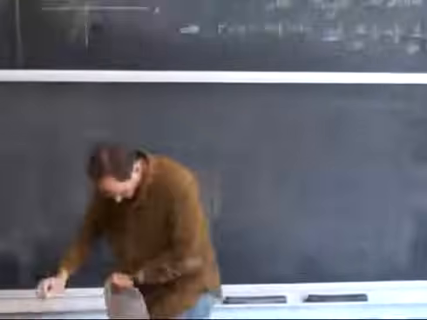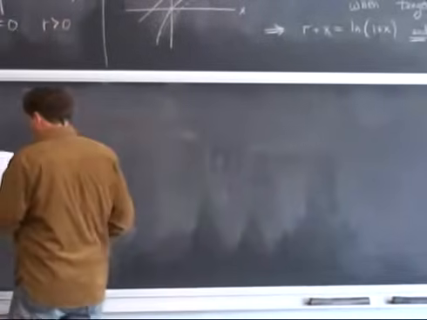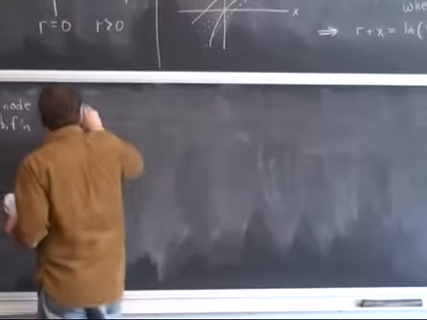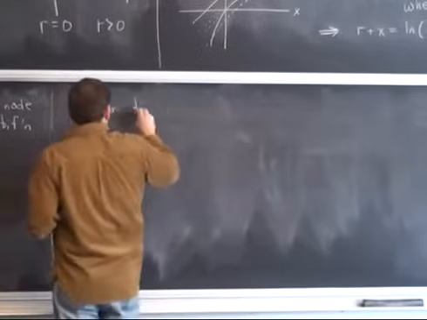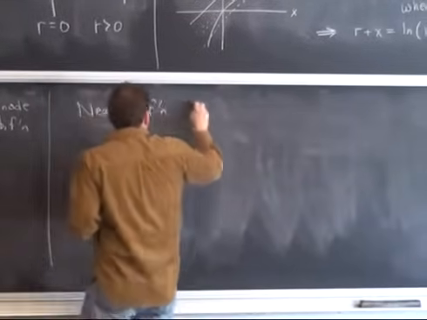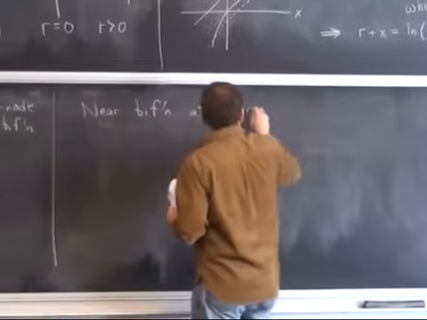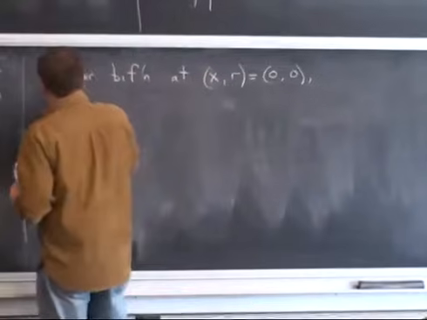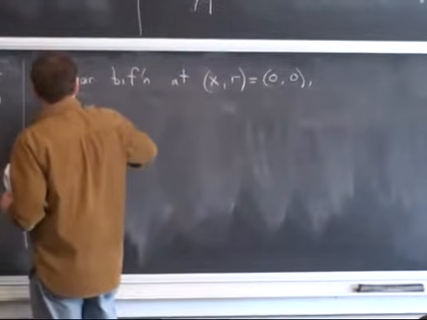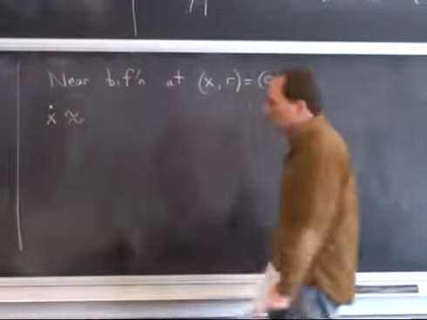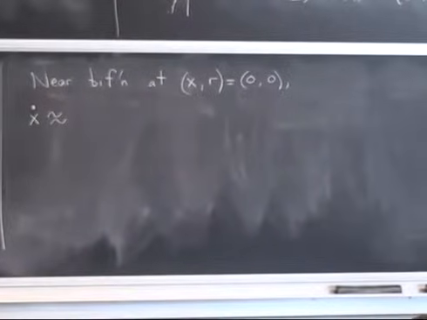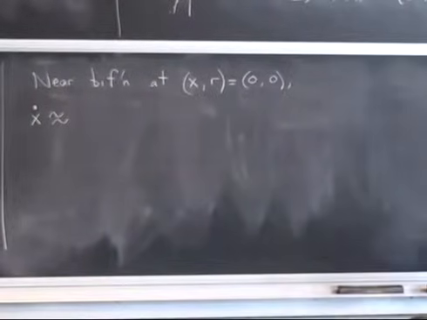So near the bifurcation, at x, r equals 0, 0, for x dot, let me do a little Taylor expansion on the x dot itself and keep only the leading terms in r and x.